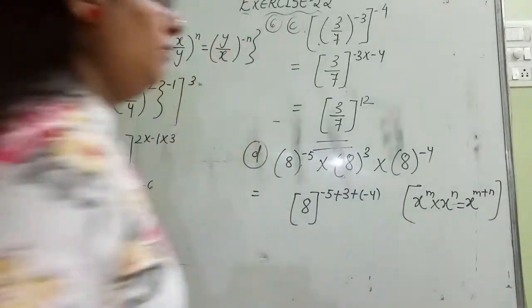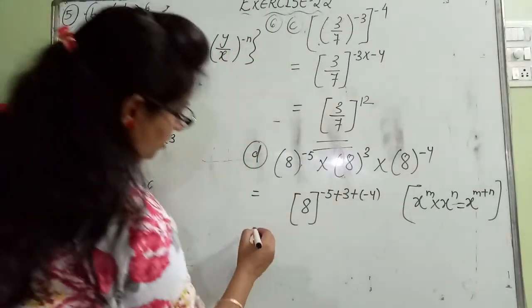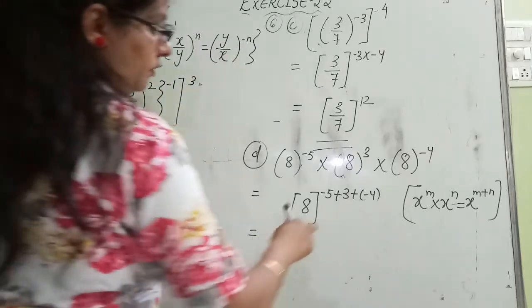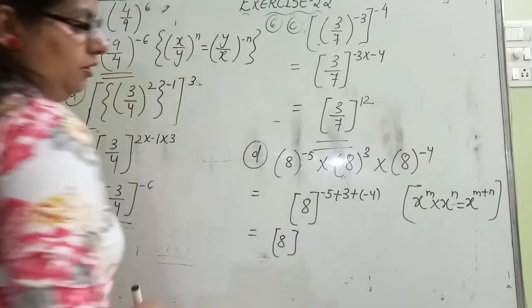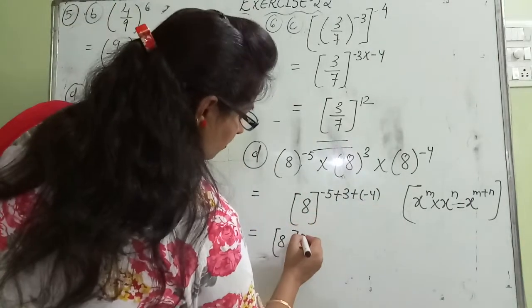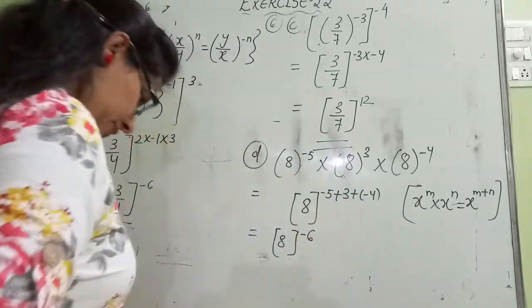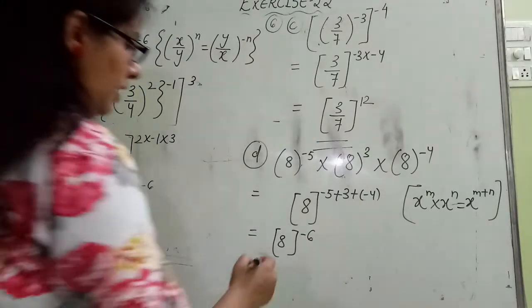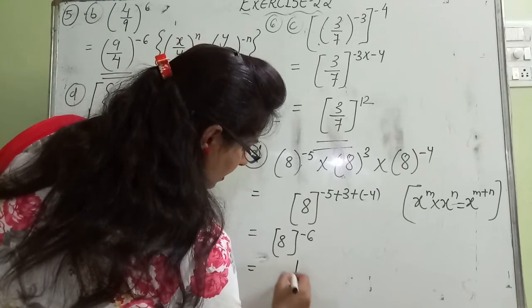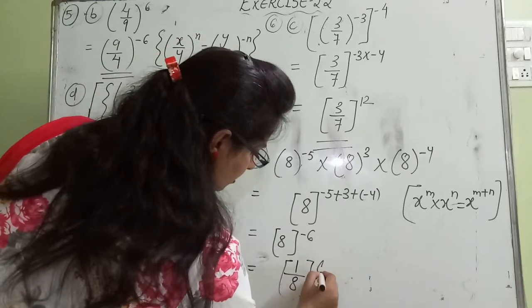This property we have already read. This will be equal to 8 raised to the power minus 5 plus 3. What will it be? Minus 2, minus 2, minus 4. It will be minus 6. Now since we have to write the answer in positive exponent, the answer will be 1 by 8 raised to the power 6.